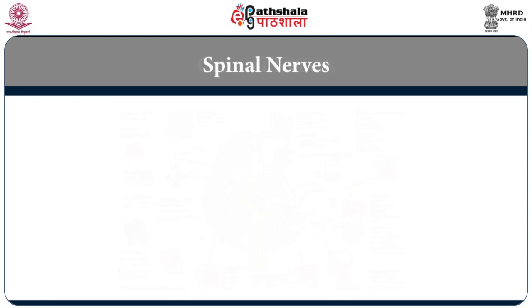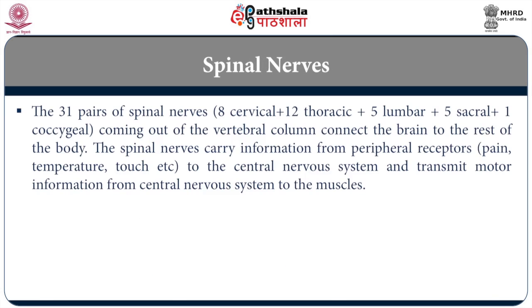Let us move on to spinal nerves. There are 31 pairs of spinal nerves. There are 8 cervical, just when the brain stops on your neck area, you have 8 cervical, and after the cervical vertebrae are over, you have 12 thoracic, 5 lumbar, 5 sacral and 1 coccygeal, the last one.